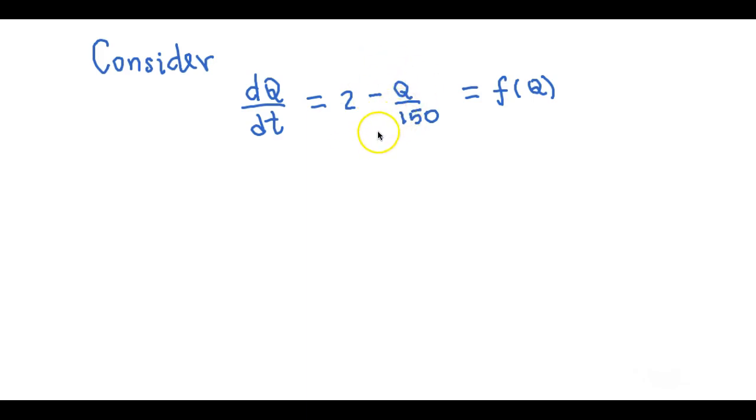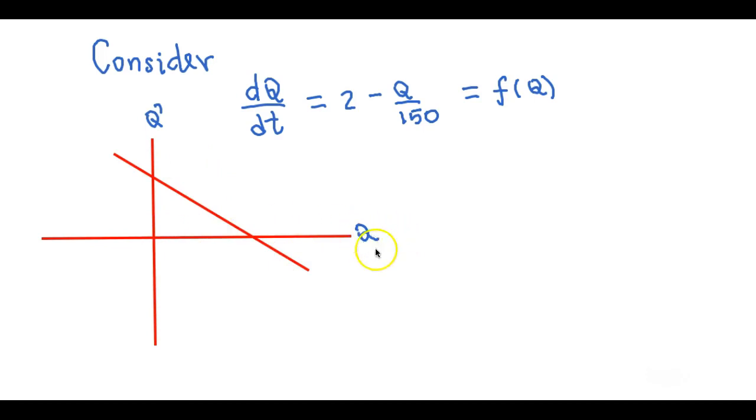So let's now use the one-dimensional flow analysis to validate that result. To consider this linear differential equation, we observe that this right-hand side is entirely a function of the state variable. It's an autonomous system. This expression is a line with negative slope and positive intercept with the vertical axis.